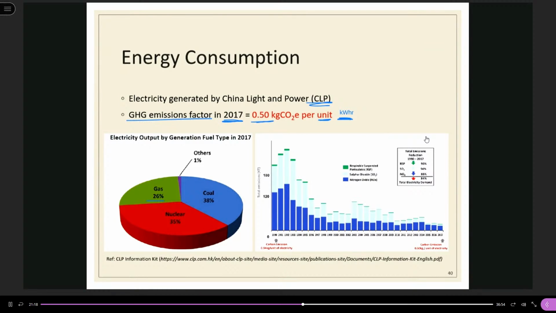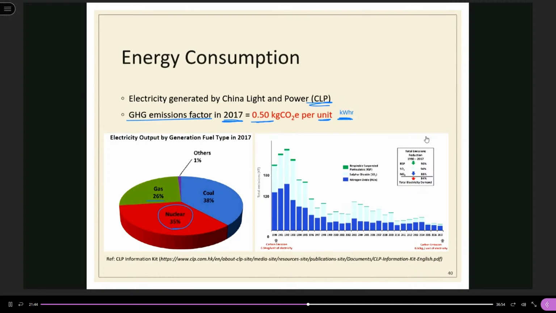Carbon dioxide emission. So we have lower and lower. Some years ago, I think it is because of the increased percentage of nuclear power. So when you rely more on nuclear power, then the carbon dioxide emission will get less and less.